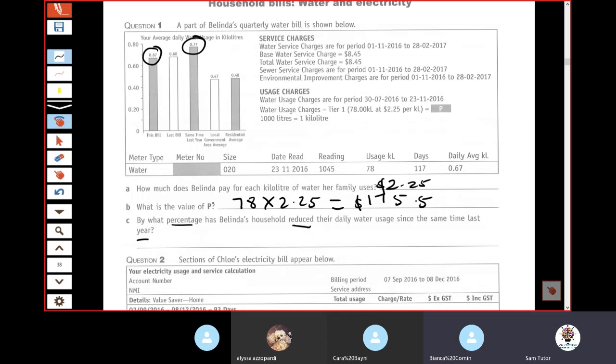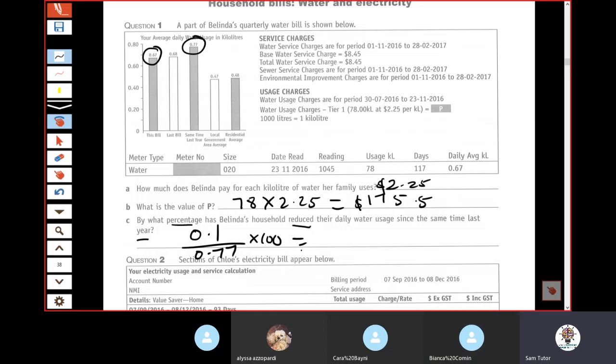Yeah. And then if we're trying to work out how much they have reduced it, well, they've reduced it by 0.1 over 0.77, same time last year. So you're going to divide it by last year. That's your numerator. That would be your denominator. And then this would give you your percentage.